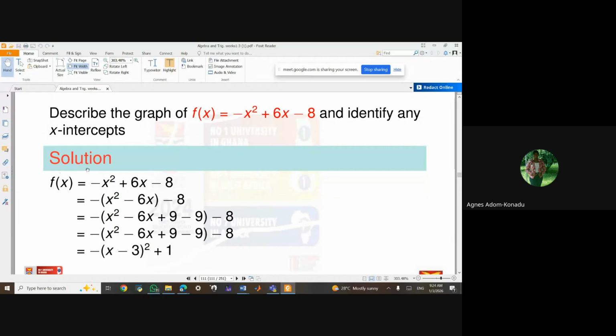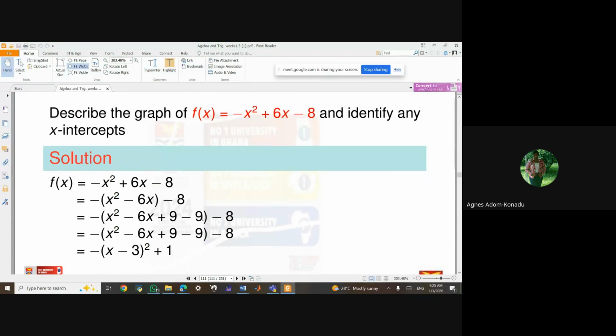So using completing the square, I can write this one as -x squared plus 6x minus 8. Then I can bring -1 outside, so I have -(x squared minus 6x) minus 8. Then I have to divide the 6 by 2. Dividing this by 2 is 3. So I square the 3, I add and subtract. So I'm going to get x squared minus 6x plus 9. So 3 squared is 9, then minus 9.